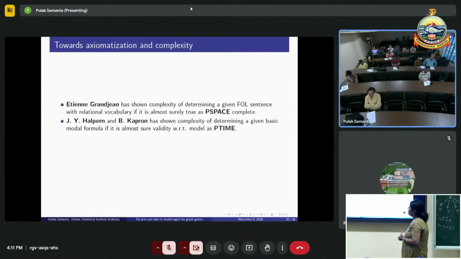So there is a huge jump, and we are checking where the logic of cops and robber lies. We are also trying to get the axiomatization for the almost surely valid formulas of this logic.